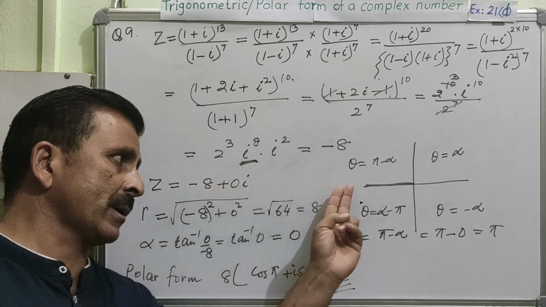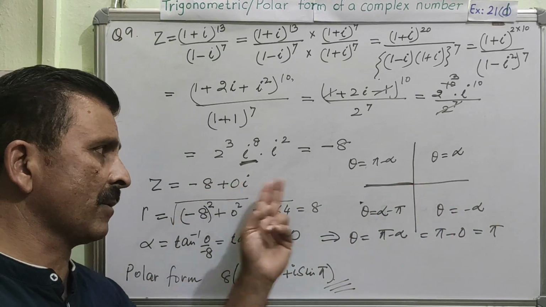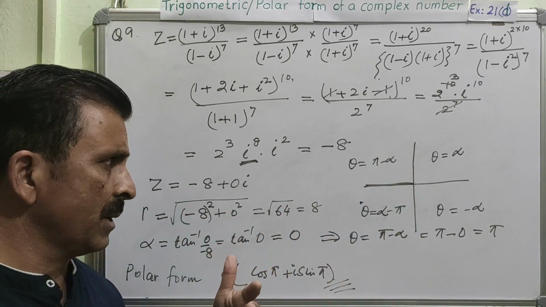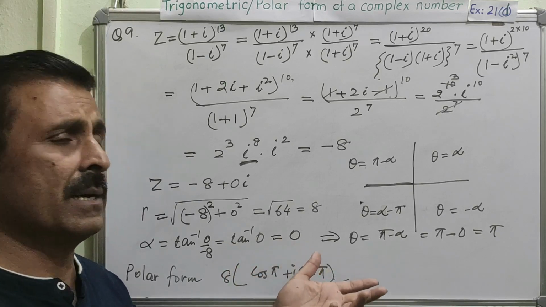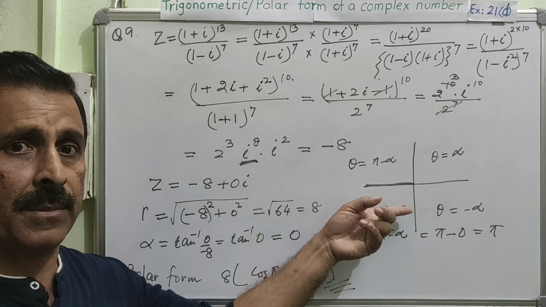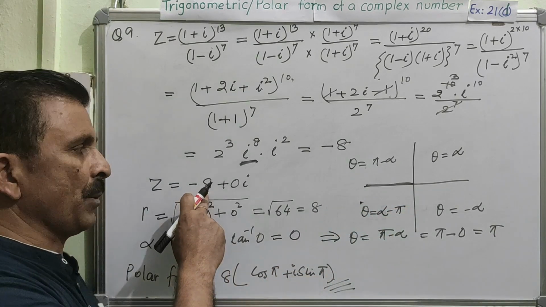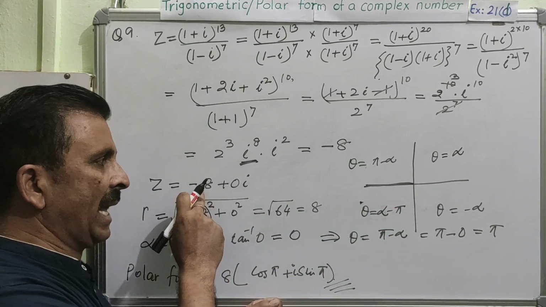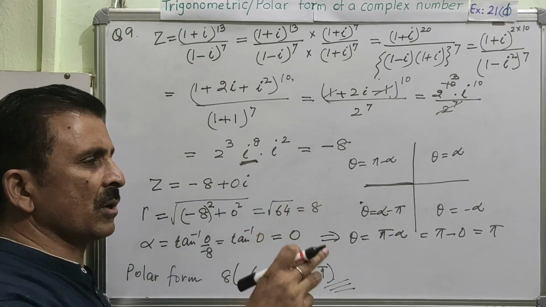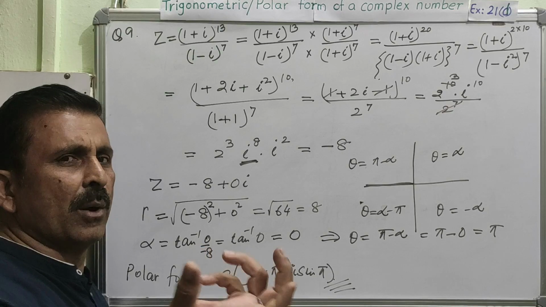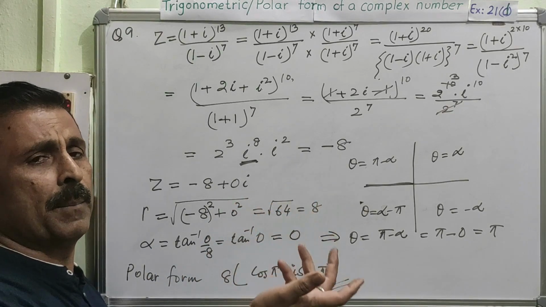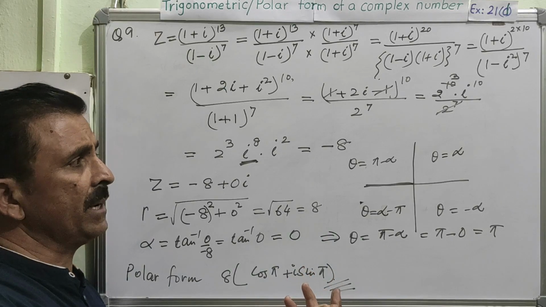The real part will be plotted along the x-axis, imaginary part will be plotted along the y-axis, right? So using the concept of plotting the complex number only, we are finding the location of the complex number, right? So when we are asked to plot it, we can first of all plot this value along the x-axis, and this will be plotted along the y-axis. So the way normally we used to plot the given ordered pair, same way we can plot this complex number also on the plane. Is this okay?